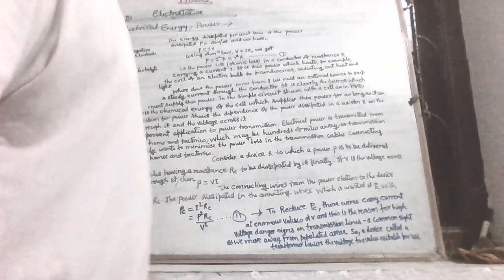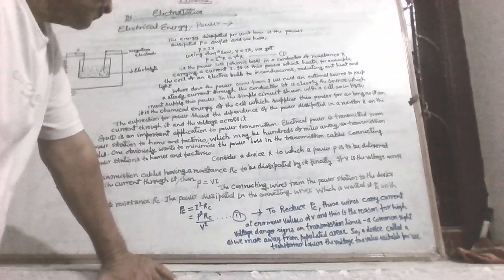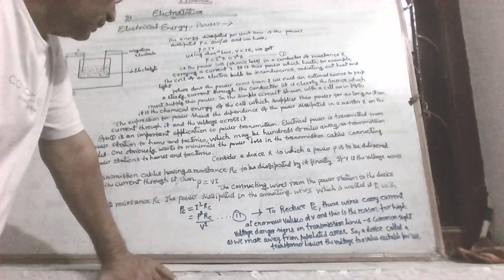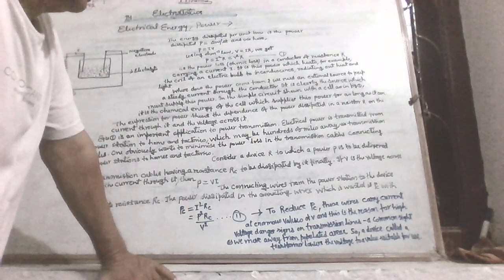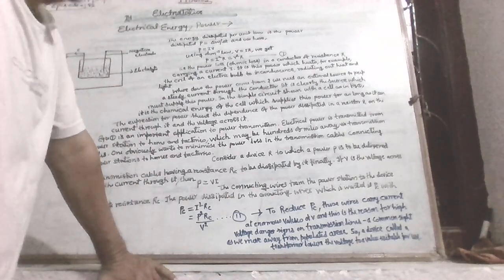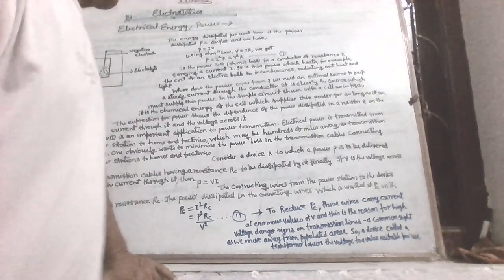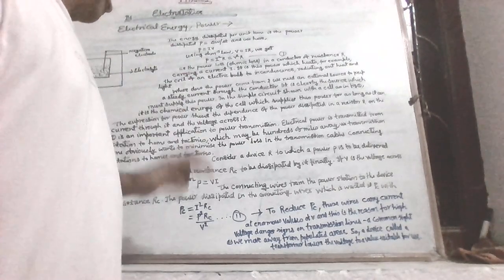But for longer lengths, we transmit power at high voltage, since for high voltage we need less power loss. So we transmit power through transmission cables at high voltage, but we distribute power in domestic and commercial areas at low voltage.